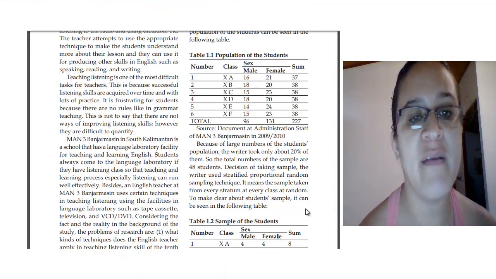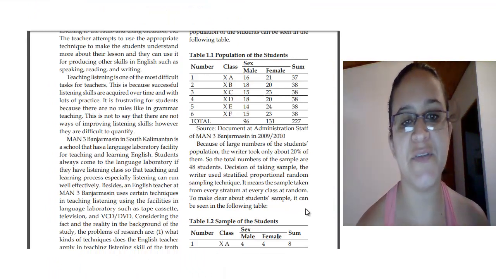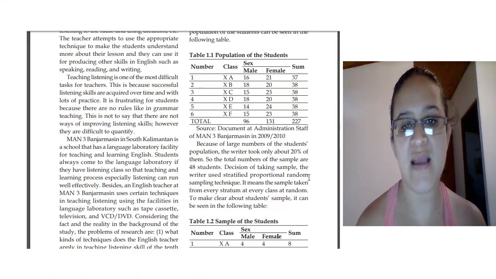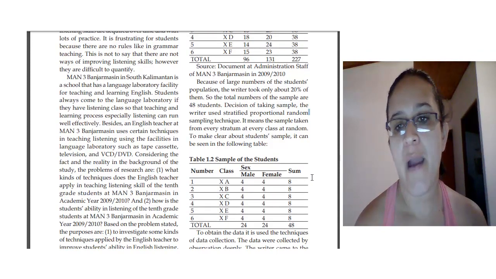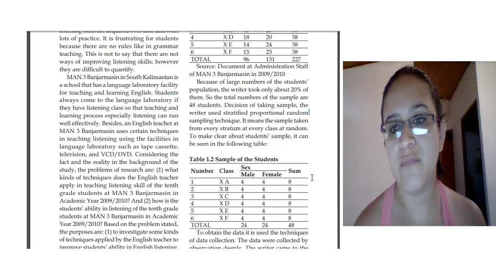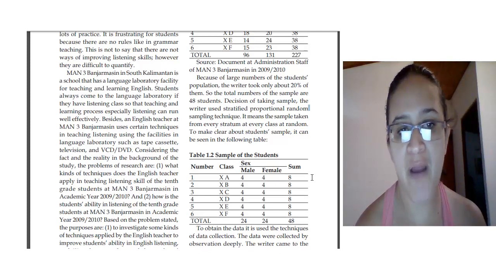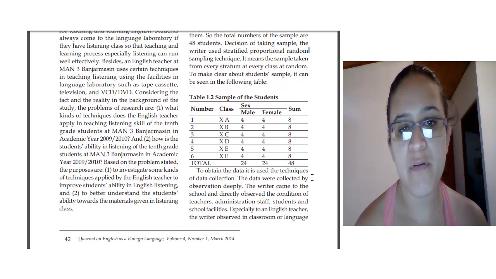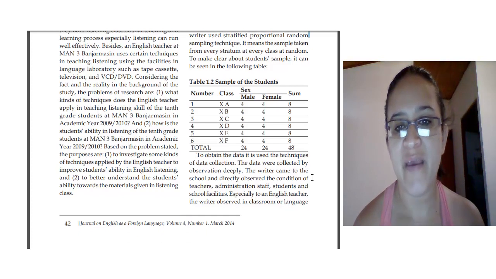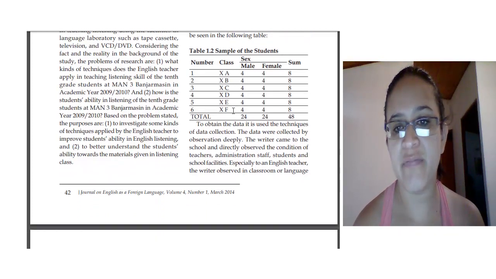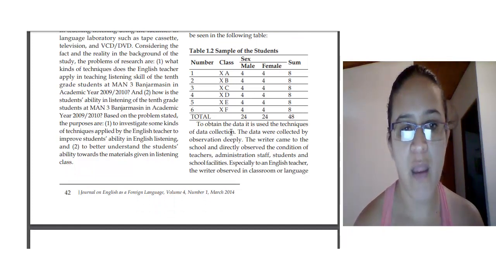Then the article expresses the techniques used for data collection, which are observation, interview, and documentary. We can find this where the article says, to obtain the data, it is used the techniques of data collection. The data were collected by observation.